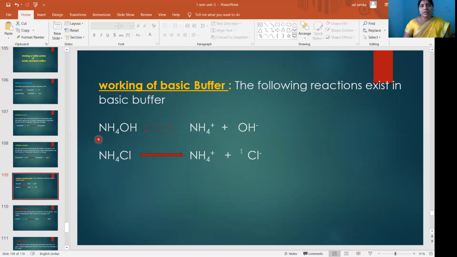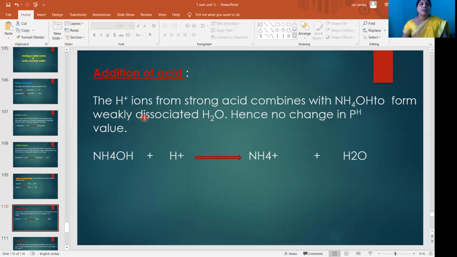To this mixture, if you add acid or base, what are the reactions taking place? We'll see the addition of acid first. When you add strong acid to the above mixture, the H plus ions from the strong acid combine with the NH4OH molecule.